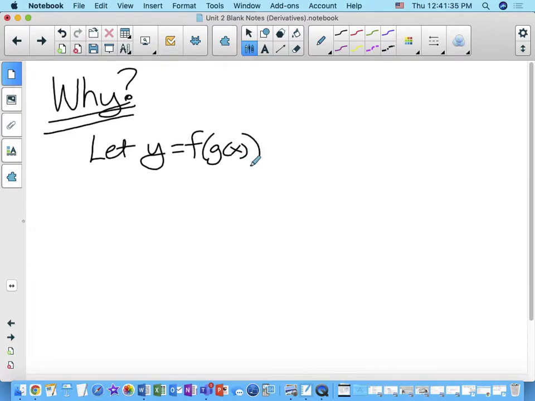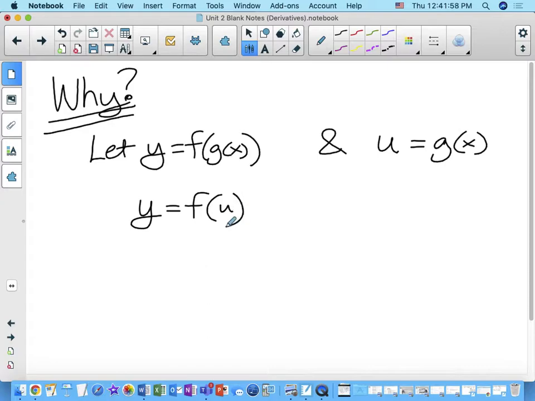Okay, and I'm also going to let u equal g of x. Okay, so I'm going to do a substitution for g of x. Well, if u equals g of x, then this could be written as y equals f of u.